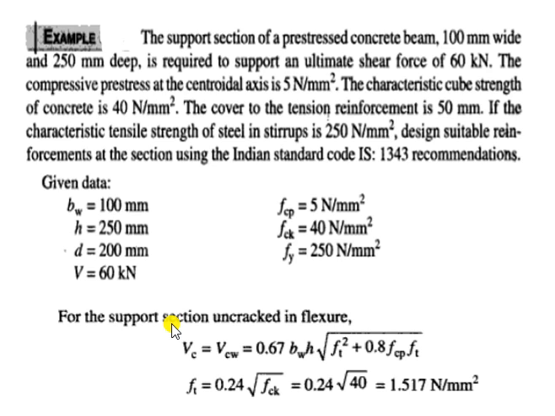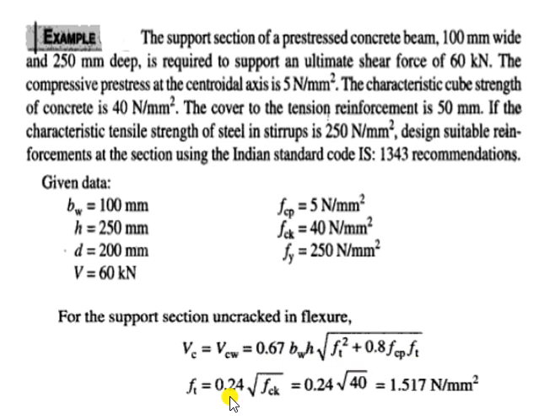But here we should consider the web shear crack condition, because the shear force will be maximum at the support section, and at the support section the cracks are developed due to web shear failure. Therefore, we shall consider the equation Vc is equal to Vcw is equal to 0.67 BWH into square root of Ft square plus 0.8 FCP Ft. So the formula is same.